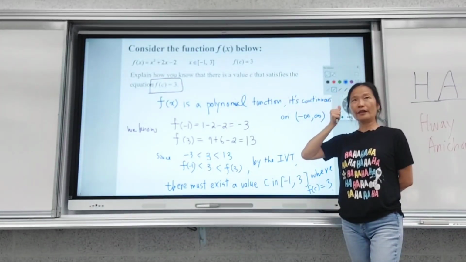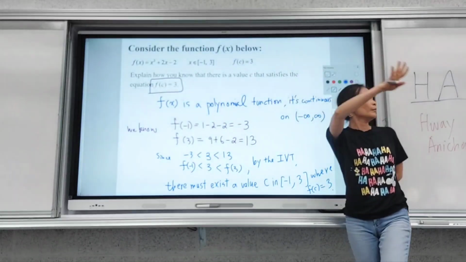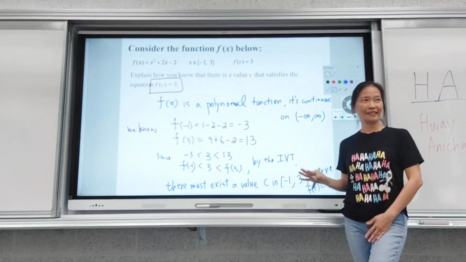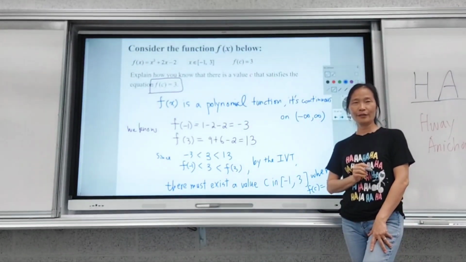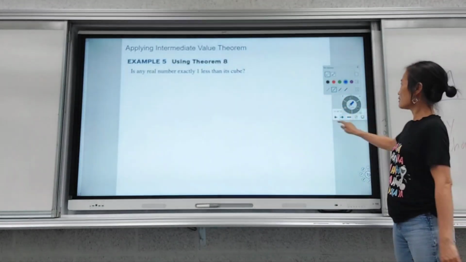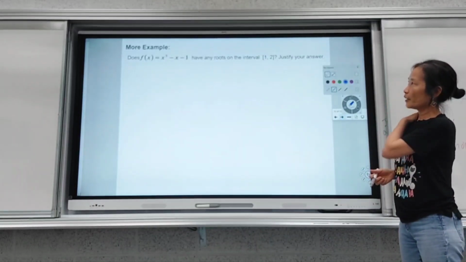Okay? So now, next question, I want you to work in pairs on the board and write the proper solution, so you have a reference to go to. The next question, I'm going to skip this and go here. Let's look at the question first.